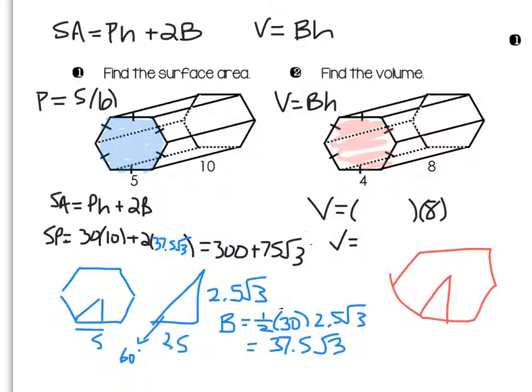Look at that beauty. So the whole side is 4, which means my base is 2, which means my apothem is 2 square root 3. So area of the base is 1/2 times the perimeter of the hexagon, if I have side lengths of 4, would be 24, times my apothem, 2 square root of 3.